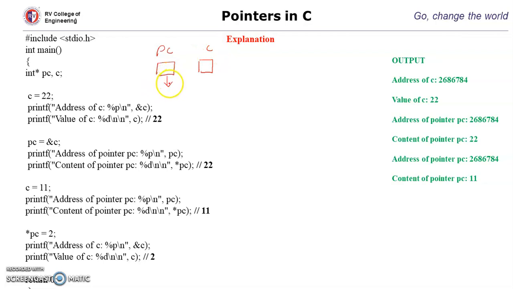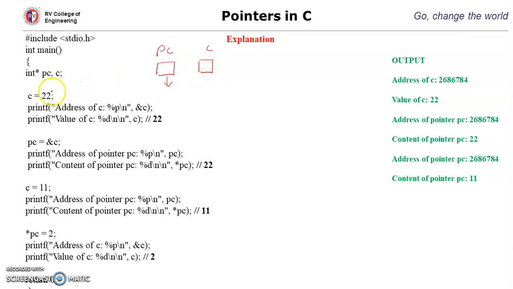Since pc and c are not initialized initially, you can see these two are not assigned any value. So pointer pc will point to either no address or a random address, and variable c has an address but contains a random garbage value.